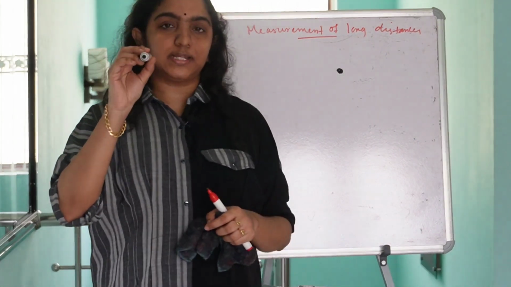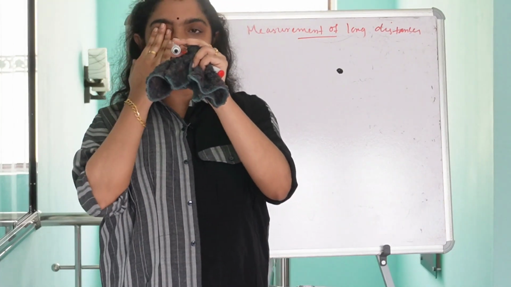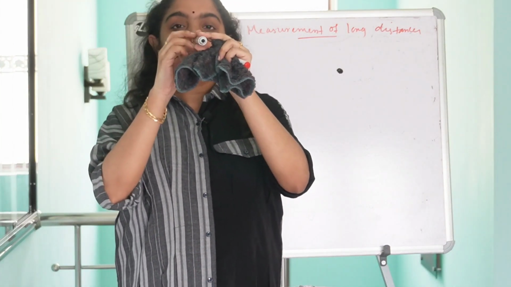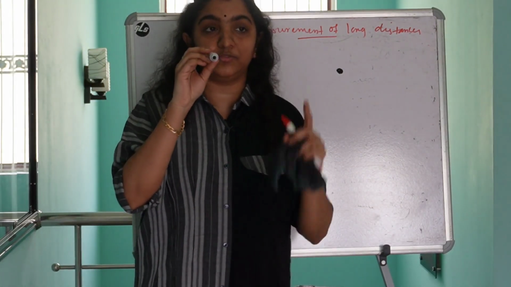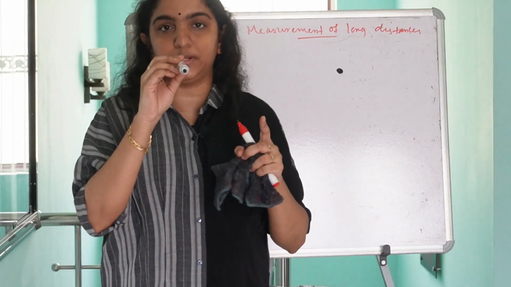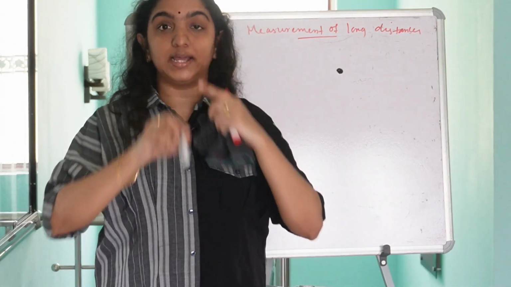Now look at the pencil through your left eye, closing your right eye like this. Again, holding the pencil at the same position, we should not change the position of the pencil. Closing your left eye, look at the pencil through your right eye like this.